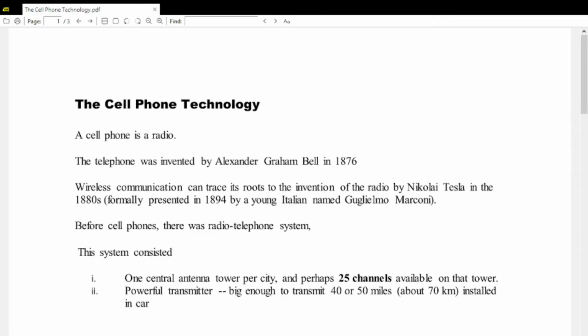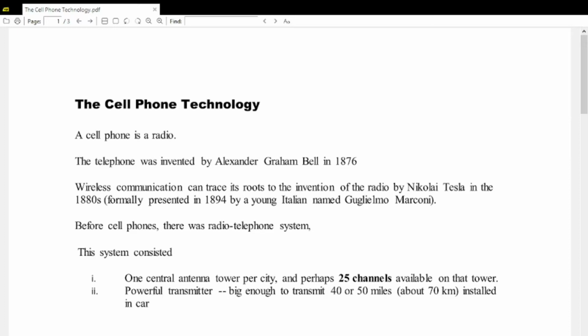This invention made it possible for the technology then and the inventors to come up with what we call the radio telephone, and there was a radio telephone system.